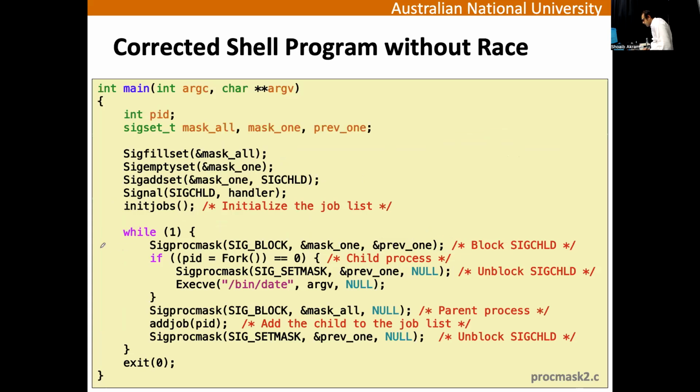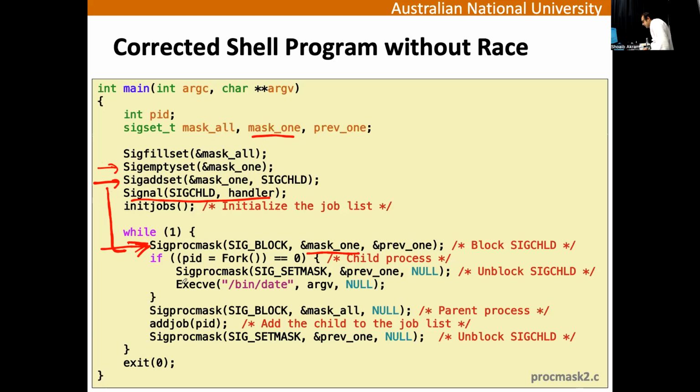So at this point, we create a new mask, mask one, in which we empty it first, we add SIGCHLD, we install the handler, and we block it here.